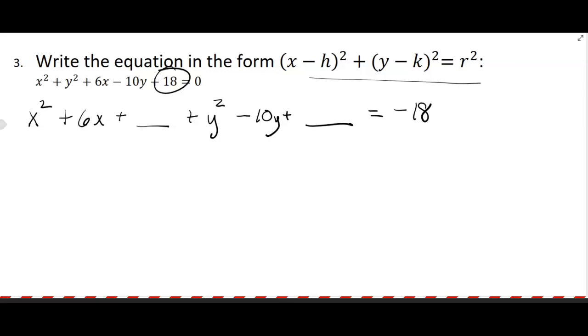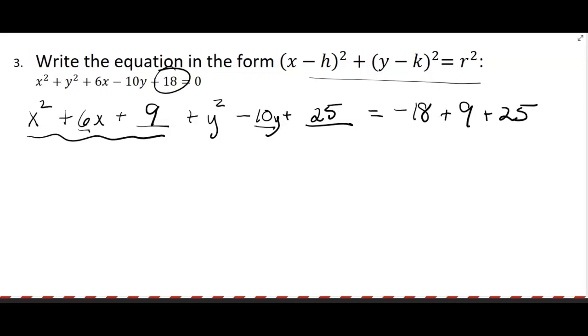Okay, so now we're ready to complete the square. Take 6, divide it by 2, which is 3. So 3 squared is 9. So we want to add a 9 there, and if we add a 9 there, we're going to add 9 to the other side. And then you're going to take the negative 10, take half of that, that's negative 5, square it, and that's going to be 25 there. And you add 25 to the other side as well.